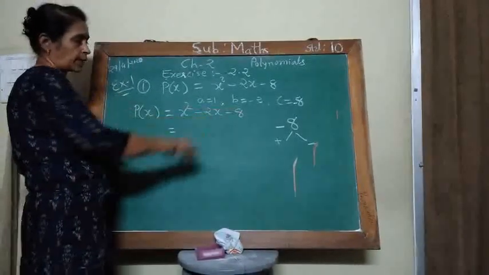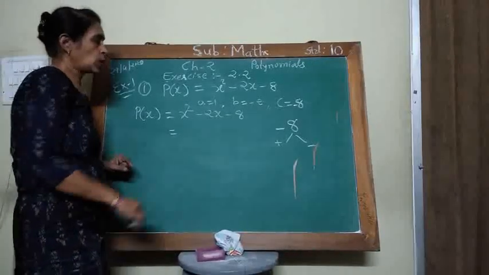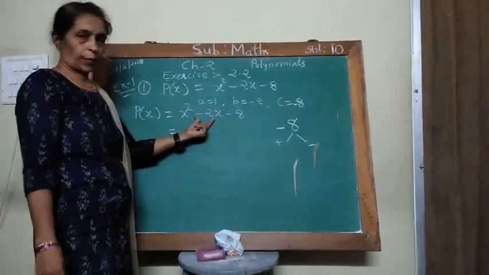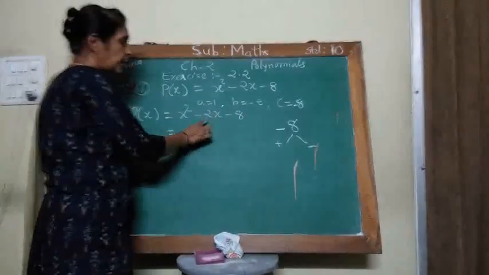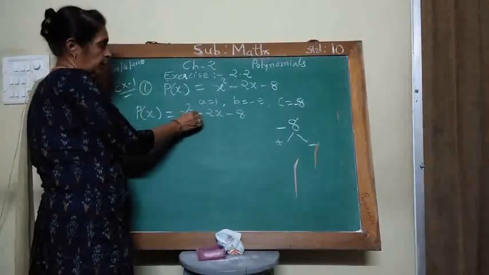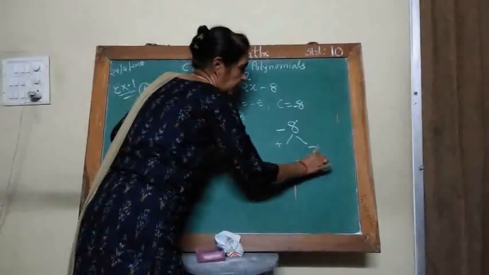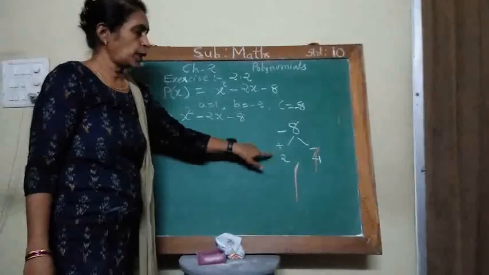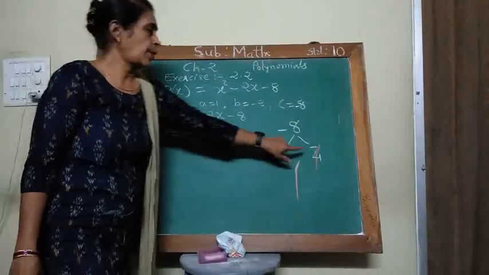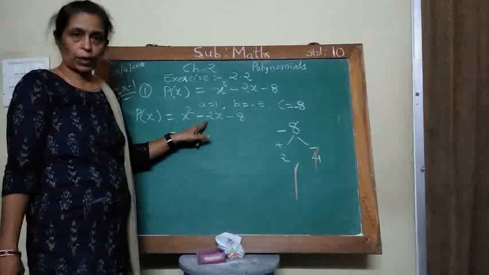So I take plus minus signs. 4 times 2 is 8, product 8, but I want minus 8, so I put the bigger number with the minus sign. So I put here 4 and here 2. So minus 4 into 2 is minus 8, and minus 4 plus 2 is minus 2.